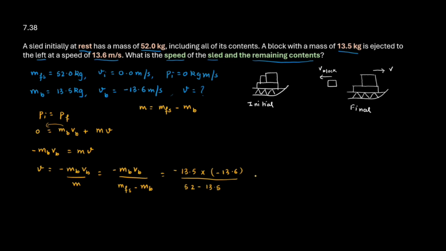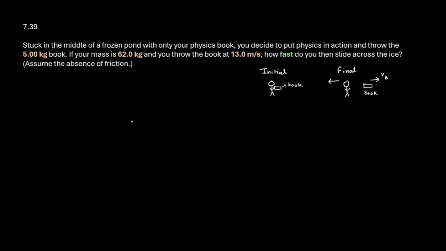And when you solve this, you get the speed of the sledge with the remaining content to be equal to 4.7688 meters per second, or you can round this off to 4.77 meters per second. This value of velocity is positive because the sledge is now moving to the right as the block was ejected to the left.